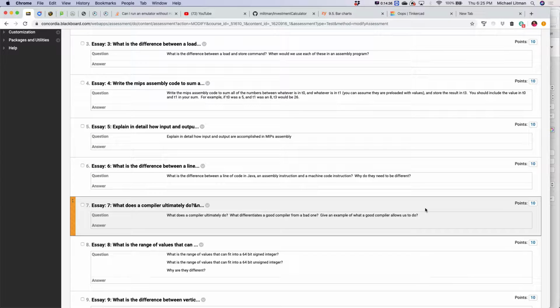One more thing on this question. On my answer, I said something about efficiency, of course, but I also put that the best compiler will also depend on your needs.